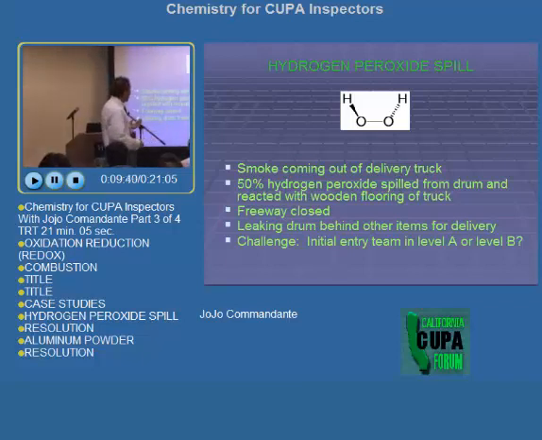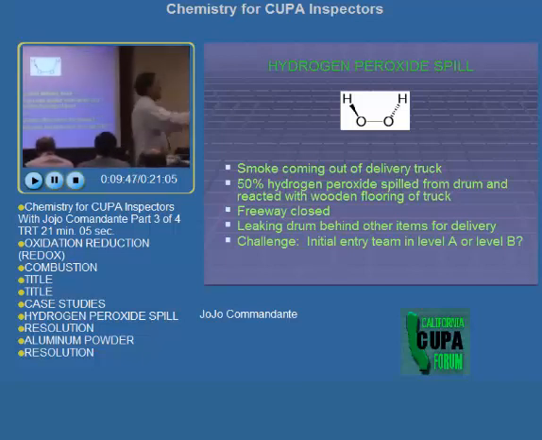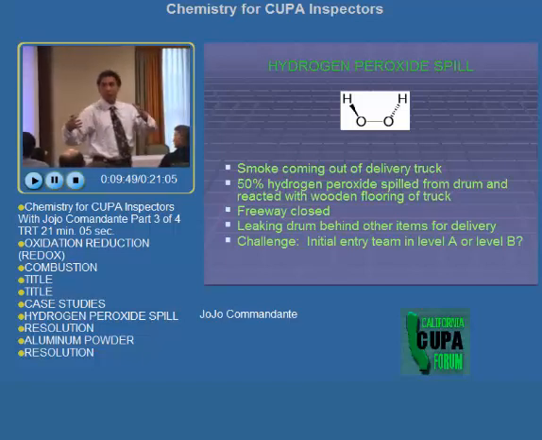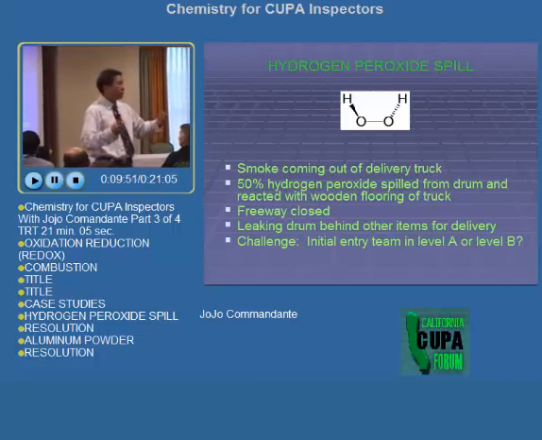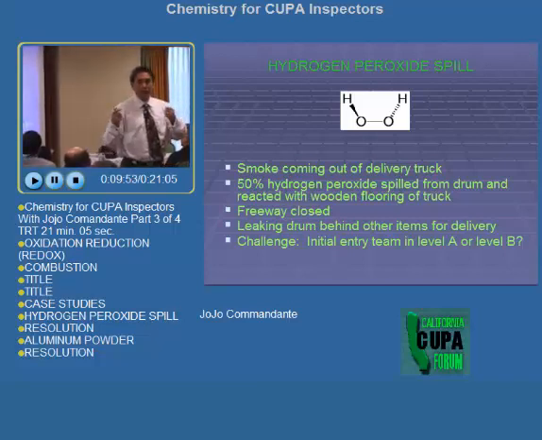So what is the challenge? Well, you see, in order to get behind the electronics equipment, you have to use a forklift, right? And using a forklift in a freeway scenario, the initial entry team was asking, do we really need Level A?